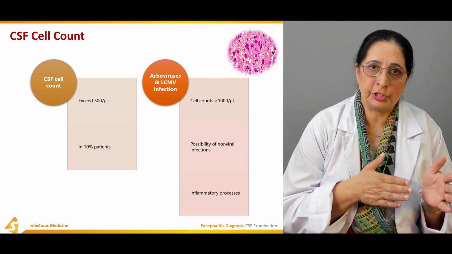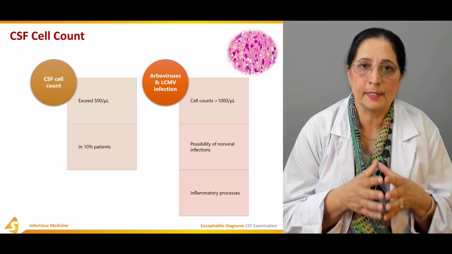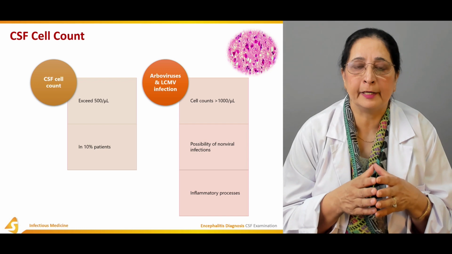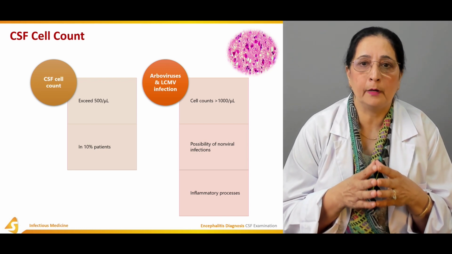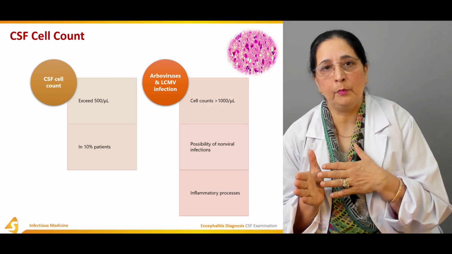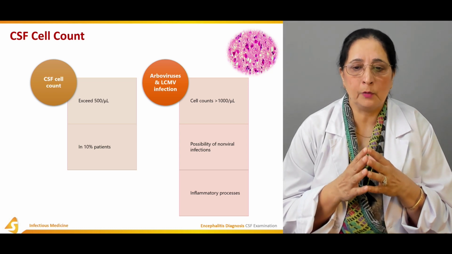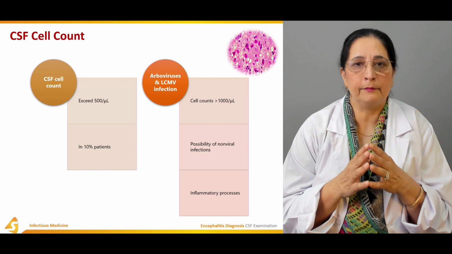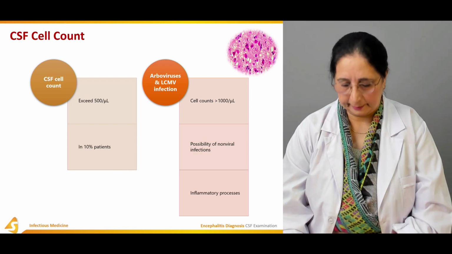In other viral infections, besides arbovirus and LCMV infection, cell count exceeds 500 per microliter, but in patients with arbovirus or LCMV infection, it's more than 1,000, also in inflammatory processes and in the non-viral infections.